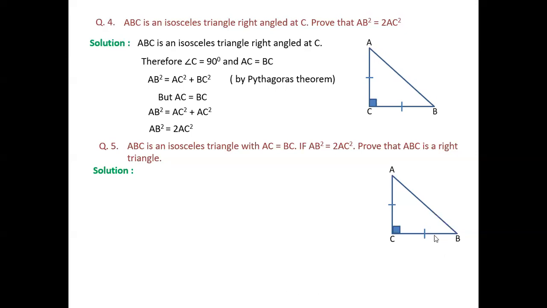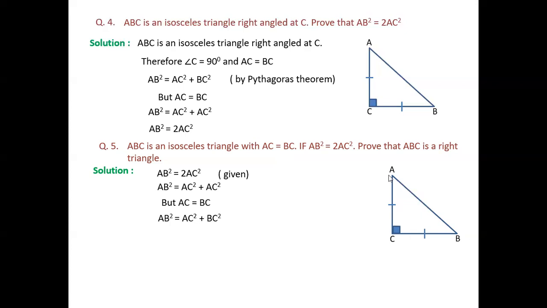Now, what is given here? AB square is equal to 2AC square, which can be written as AC square plus AC square. But AC is also equal to BC. So let me change one. Therefore, AC square plus BC square.